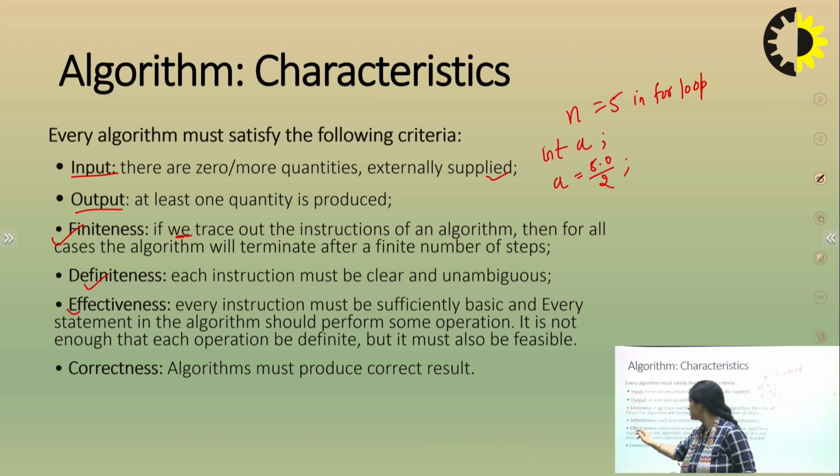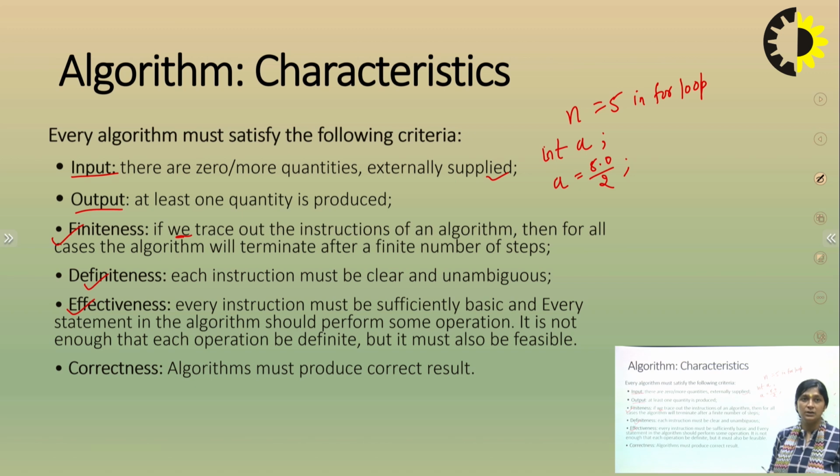Now see the next one, effectiveness. Every instruction must be sufficiently basic and every statement in the algorithm should perform some operation. It is not enough that each operation be definite, but it must also be feasible.